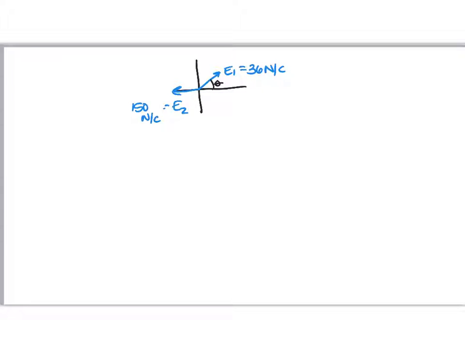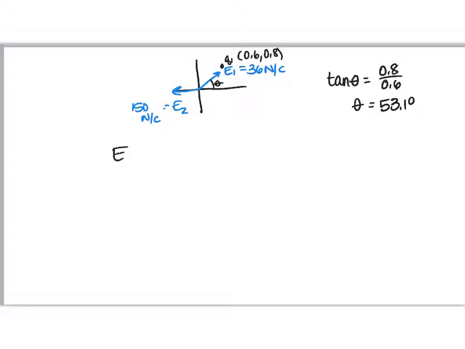I also need to know this angle. Remember the coordinates for where Q1 is were 0.6, 0.8. So the tangent of theta was 0.8 over 0.6, and so theta turned out to be 53.1 degrees. So I did need to find that.